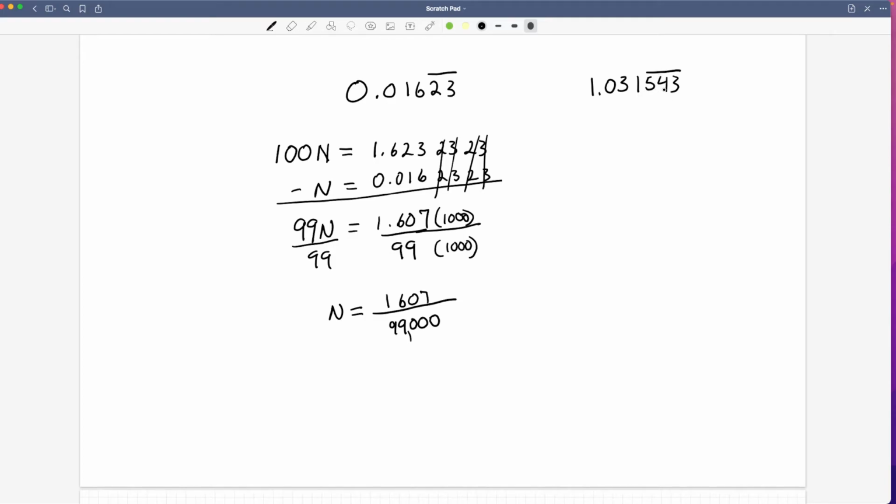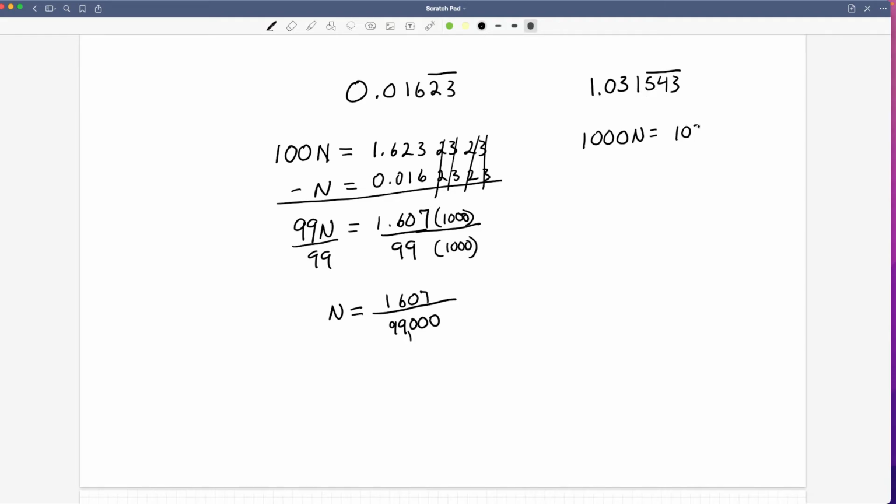We have 3 repeating digits here, so I'm going to need to multiply it by 1,000. So 1,000n is equal to, I'm going to move this decimal place 1, 2, 3.